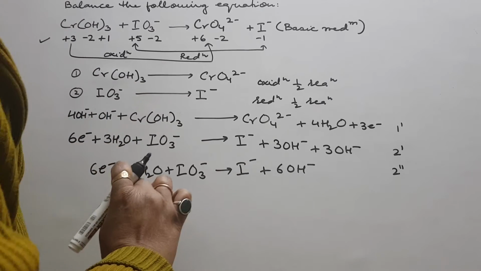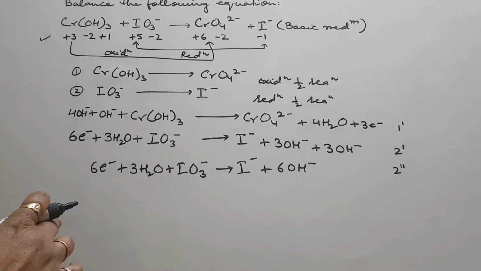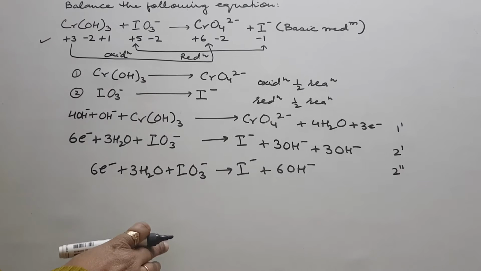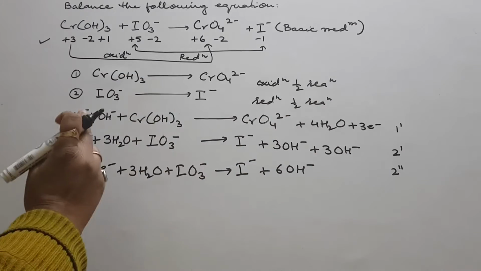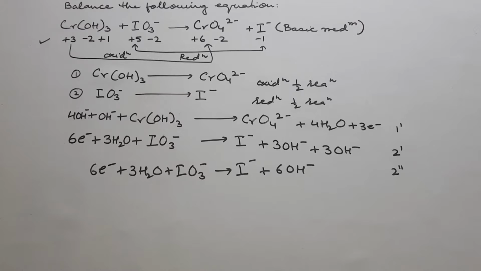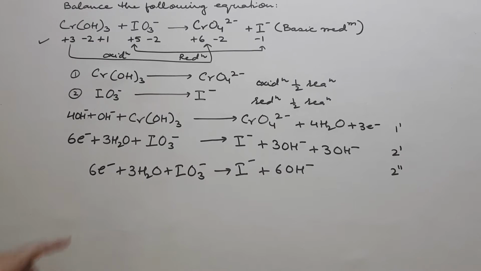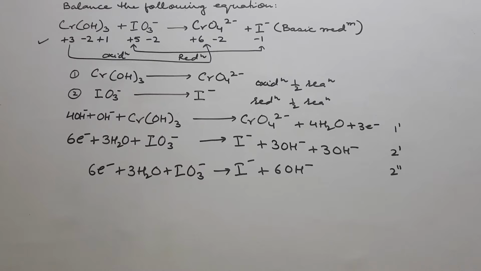Now while doing so, you can see, children, ultimately I have to add up these two equations, right? So what will I do? I can see here it has got 6 electrons, it has got 3 electrons. So naturally electrons cannot be cancelled.